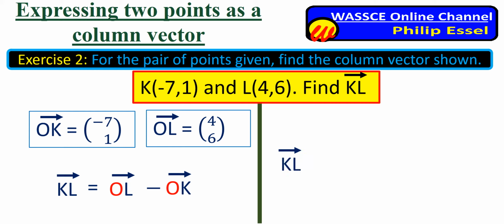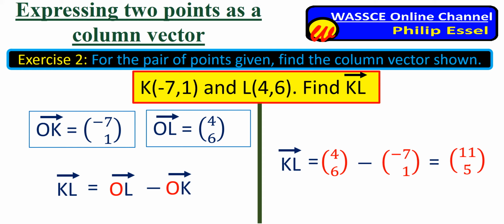So our vector KL would be equal to the vector OL, which is the vector (4, 6), minus the vector OK, which is (-7, 1). When you subtract the vector (-7, 1) from the vector (4, 6), you would get the vector (11, 5). This means that our vector KL is equal to (11, 5).